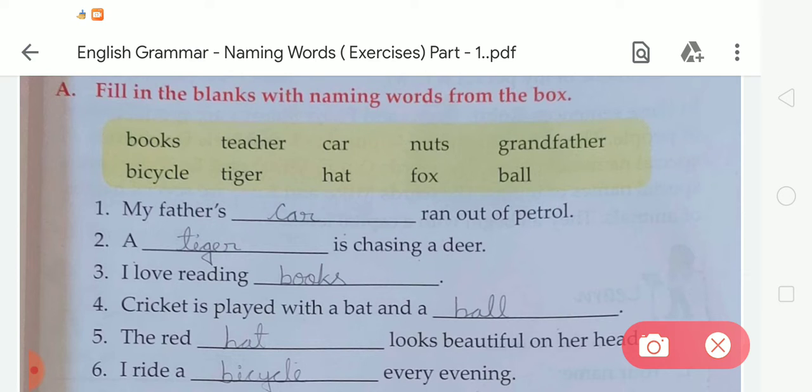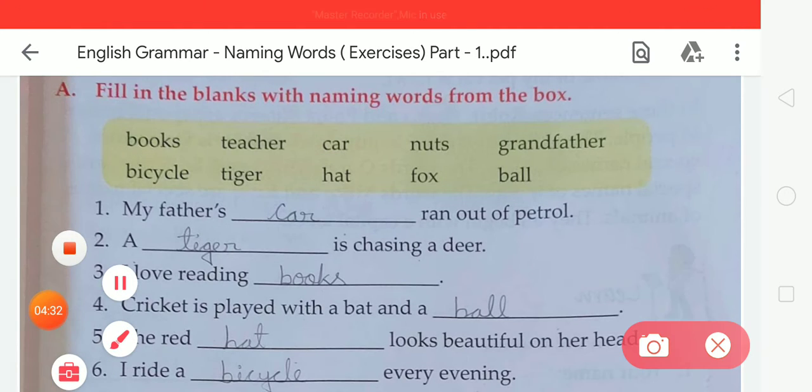As we all know that a car ran out of petrol, so we have to write car on the given blank, which is given in the box. We choose car from the box and write it on the given blank. Students, you have to write the spelling of car. Tell me, what is the spelling of car? It is C-A-R, car.